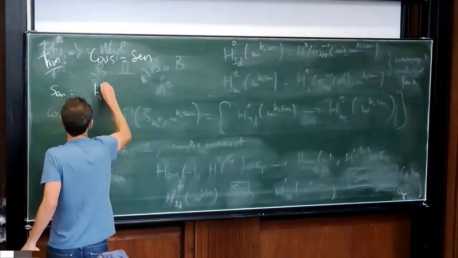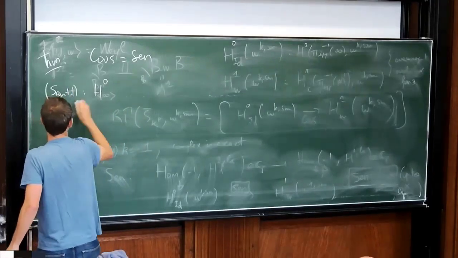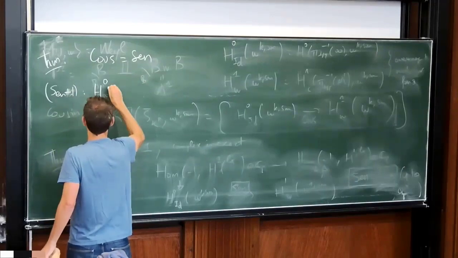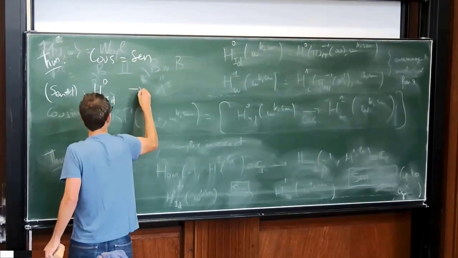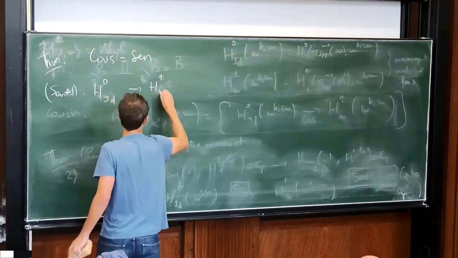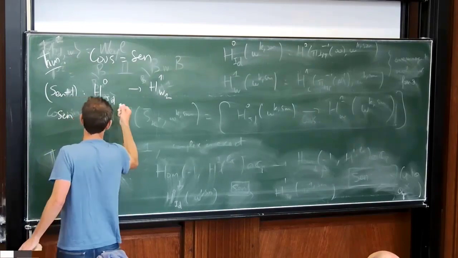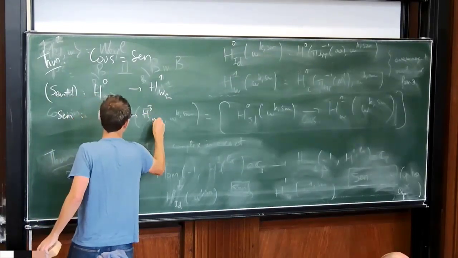Let's say Sen -1 gives you a map from H0 identity to H1 W1, and the Sen operator gives you a map from H2 W2 to H3 W3.